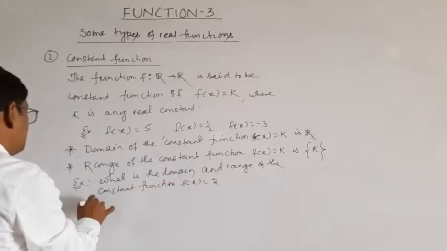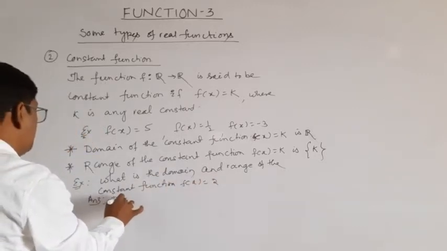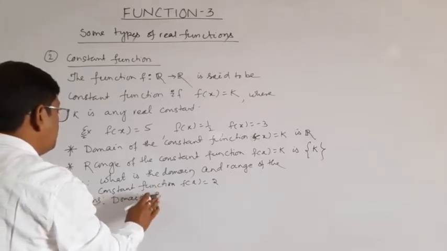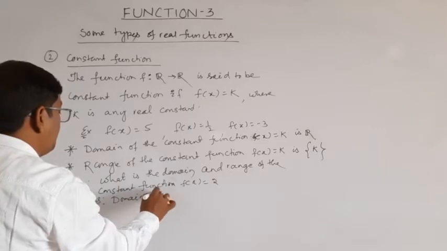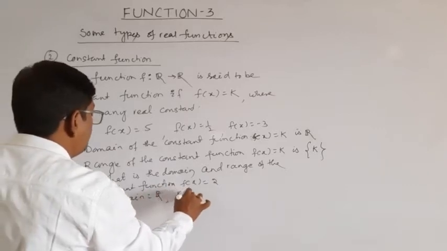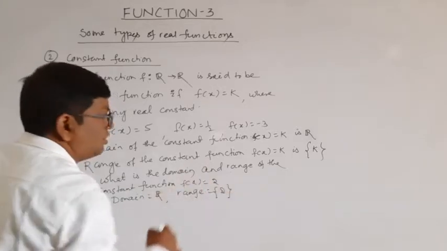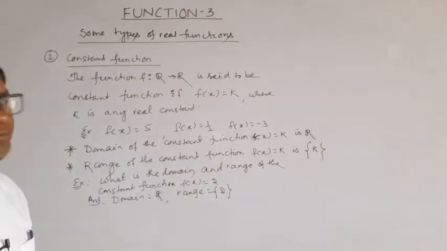So its answer is what? Domain is equal to R and range is the singleton element, that is only 2 here.